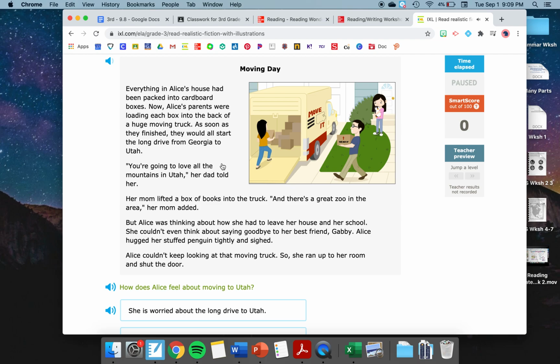Her mom lifted a box of books into the truck. And there's a great zoo in the area, her mom added. But Alice was thinking about how she had to leave her house and her school. She couldn't even think about saying goodbye to her best friend, Gabby. Alice hugged her stuffed penguin tightly inside. Alice couldn't keep looking at that moving truck. So, she ran up to her room and shut the door.